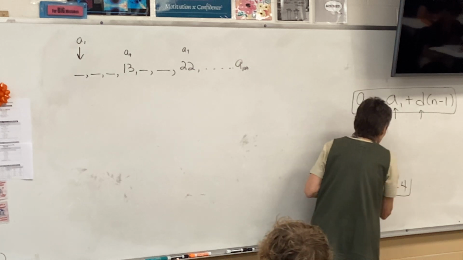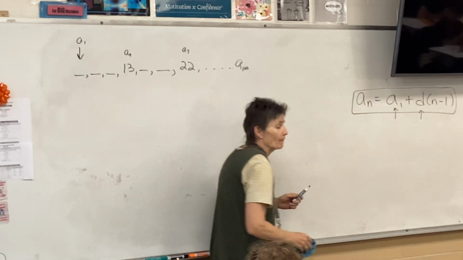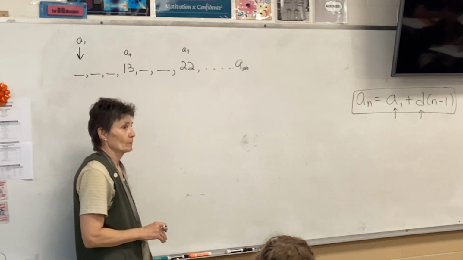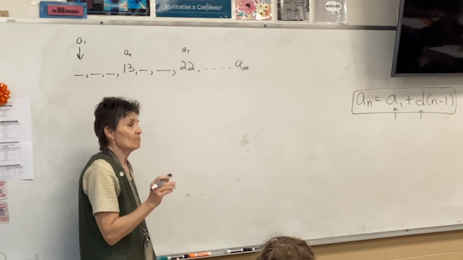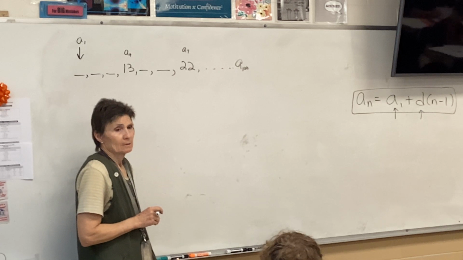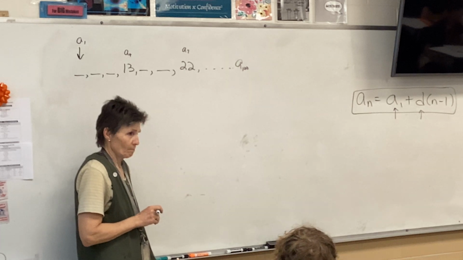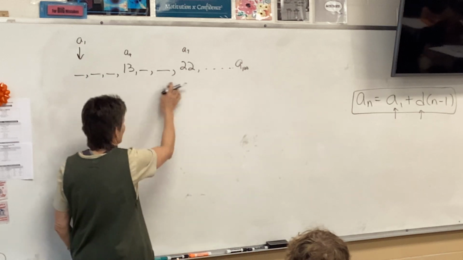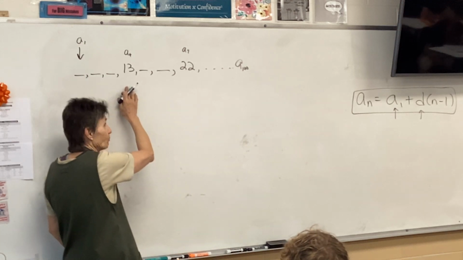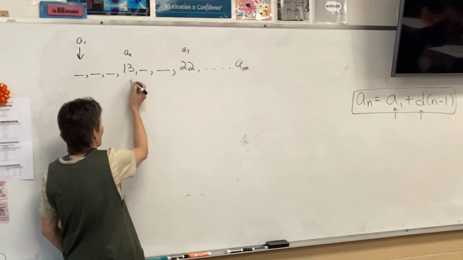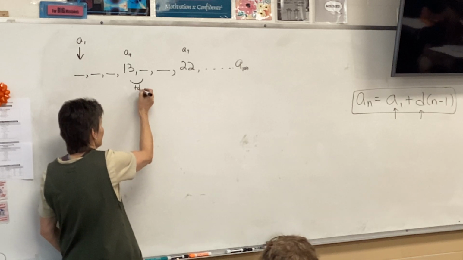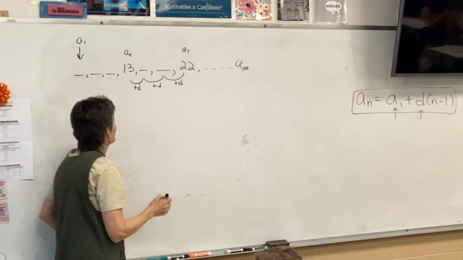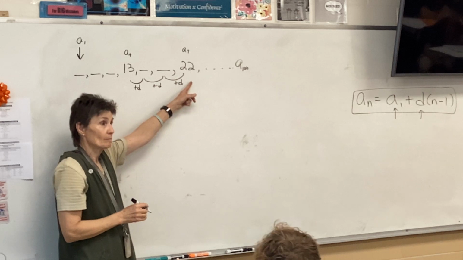Anybody have any thoughts on this? What does arithmetic mean? I get from term to term by adding the same number, right? So if I look at this part of the sequence right here, the part I know about, the fourth term and the seventh term, I'm gonna add D again, and add D again to get from 13 to 22.